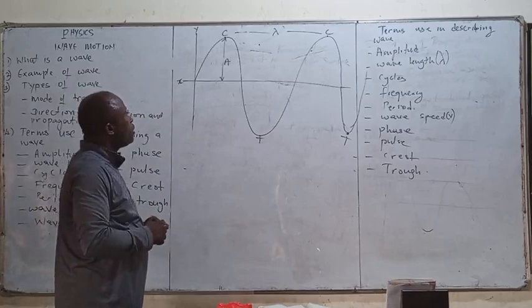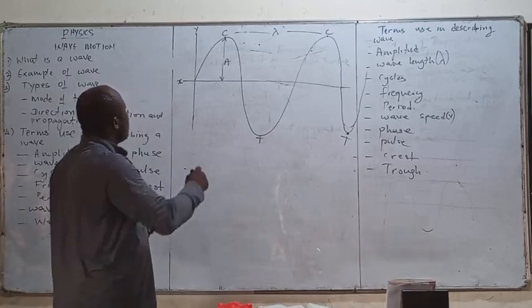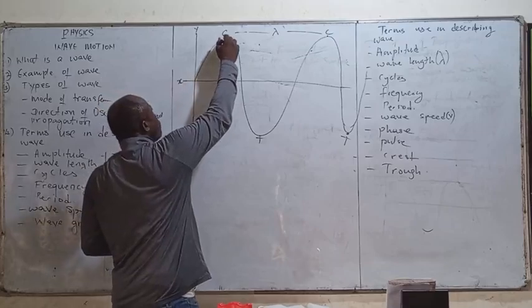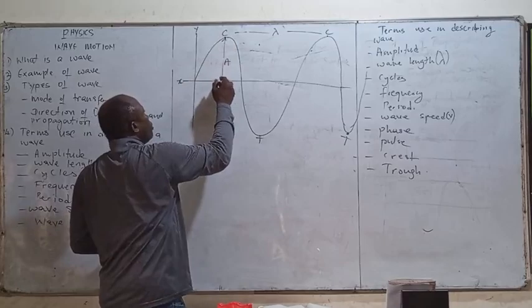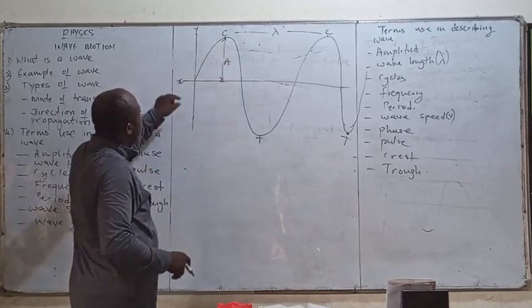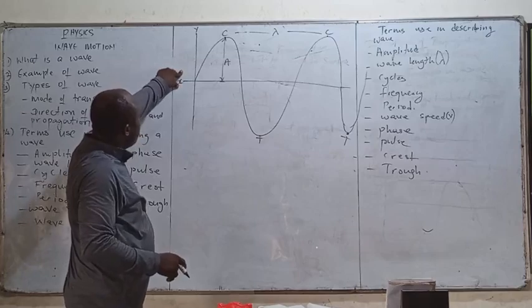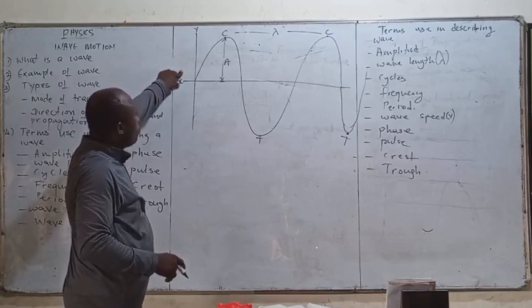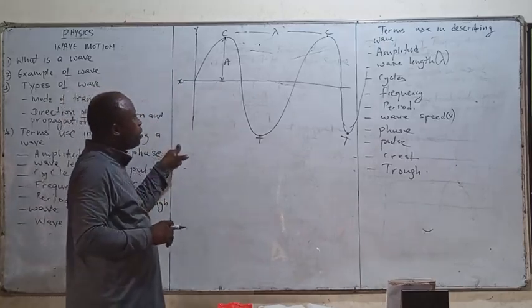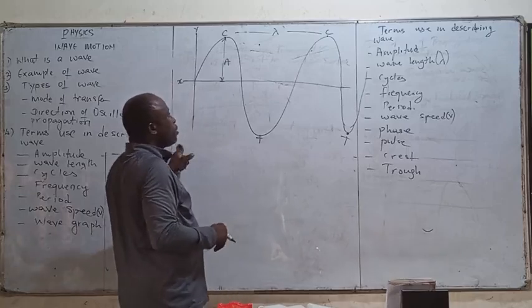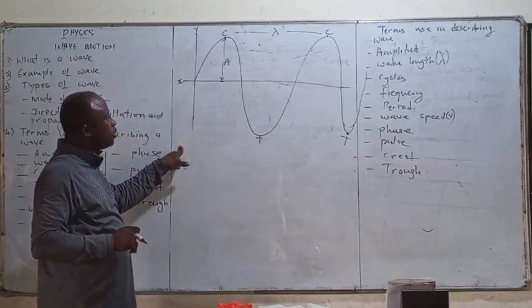The SI unit is meter. So that's amplitude A. You can see it from the crest, which is the highest, to the x line, the horizontal or zero line. We also refer to it as the rest position. So the maximum displacement from the rest position.